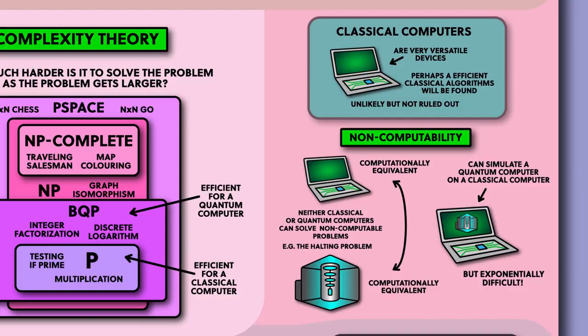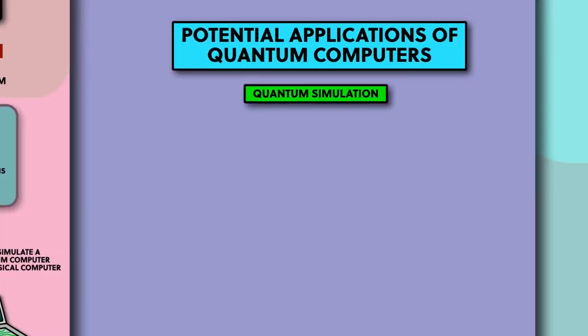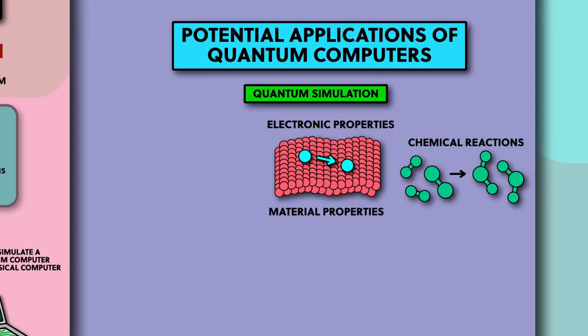But because quantum computers are already quantum systems, they don't have this problem, which brings me to my favourite application of quantum computers, quantum simulation. Quantum simulation is simulating things like chemical reactions or how electrons behave in different materials with a computer. Here, quantum computers also have an exponential speed up over classical computers because classical computers really struggle to simulate quantum systems.